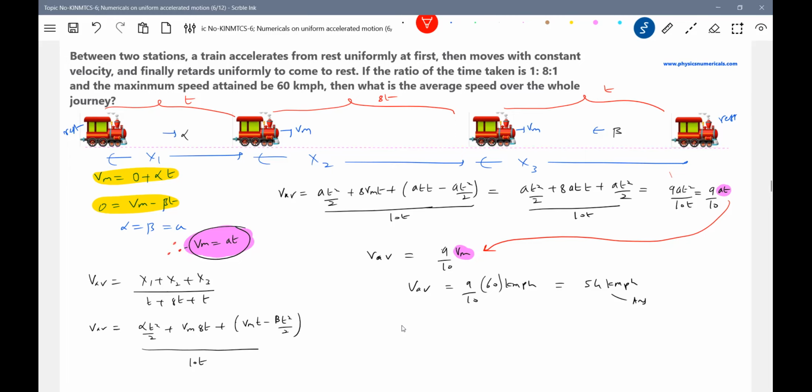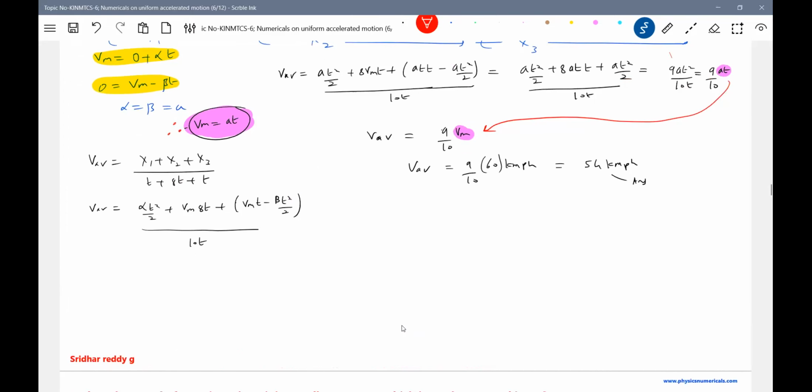Okay, again, what about the graph? Because every time I'm insisting on the graph. Again, the same methodology for the graph. I'll try to accommodate it here only. First, the train will accelerate, then uniform velocity, then retardation.